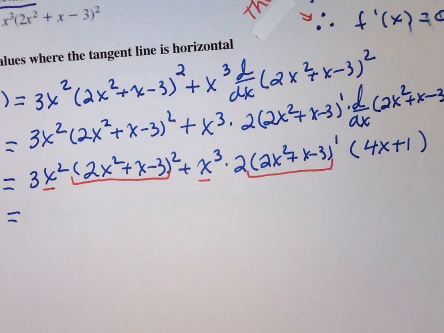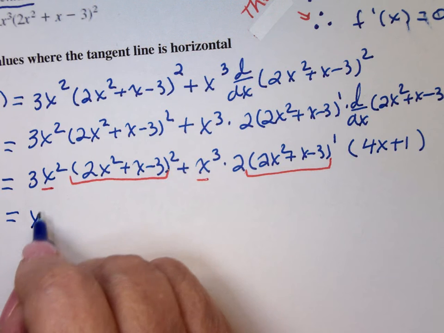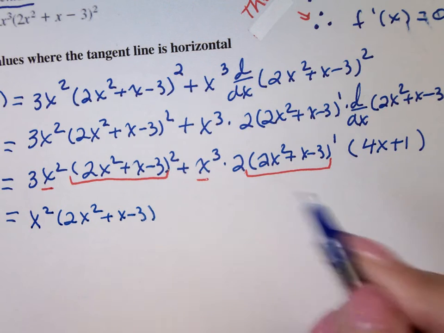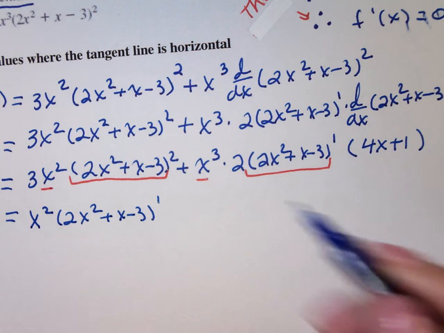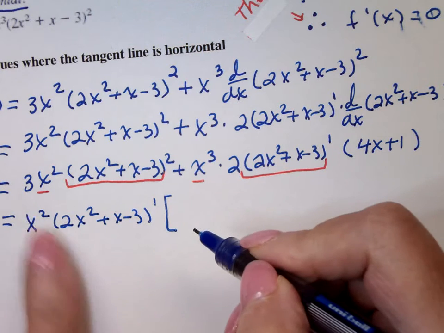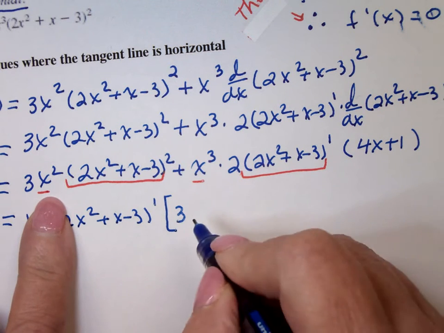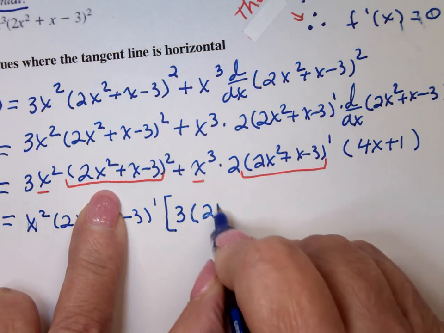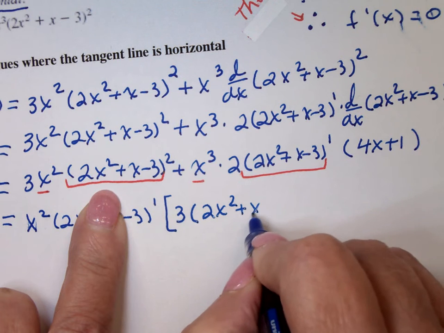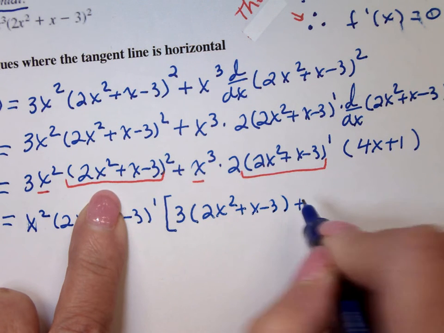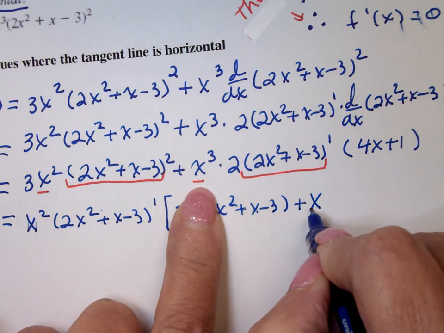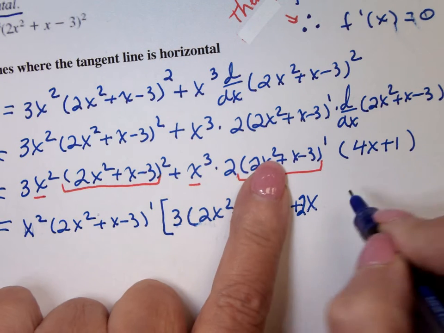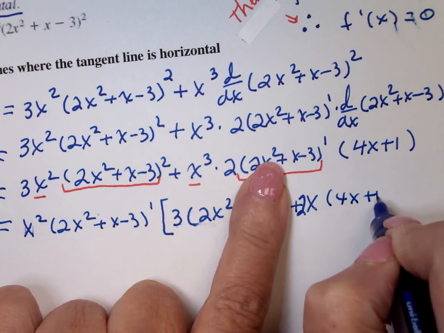Well, it might frighten you already. So x squared times (2x squared plus x minus 3) to the 1, because the smallest power is that. I've got a 3, I'm taking the x squared, I'm taking one of these two, leaving one behind, plus, I'm taking an x squared, I'm leaving a 2 behind, and this is going to be 4x plus 1.